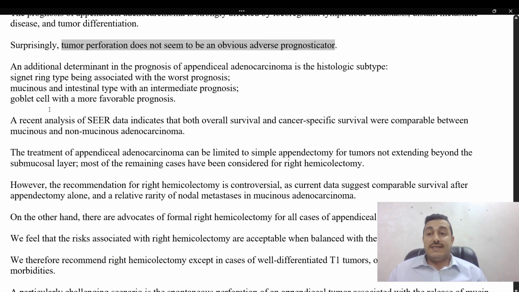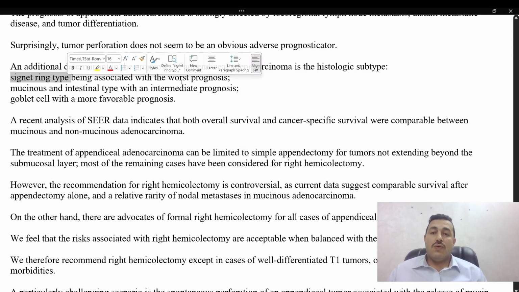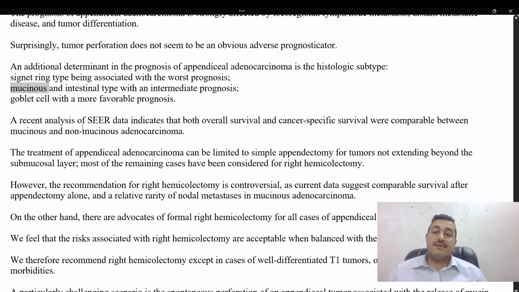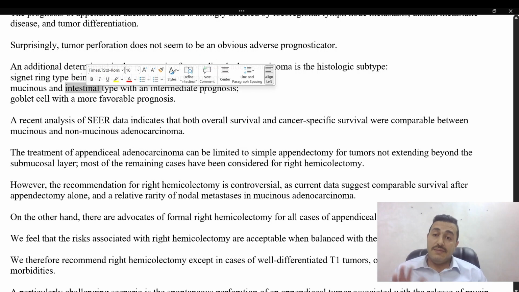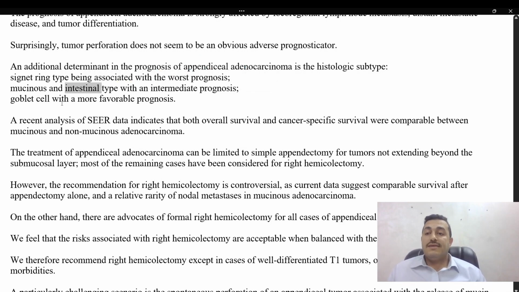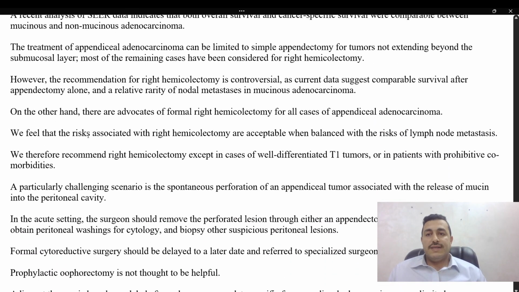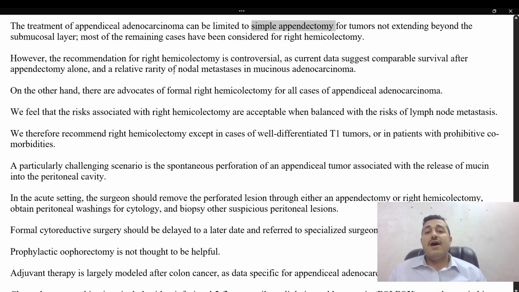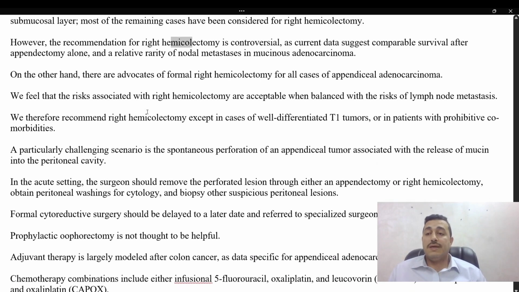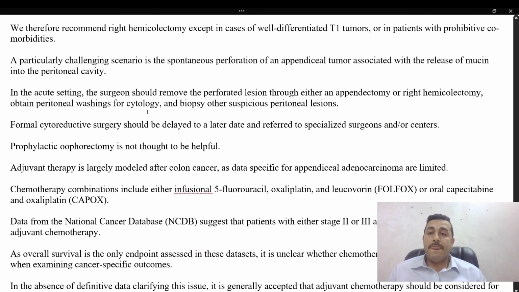We said that signet ring cell has the worst prognosis, mucinous and intestinal types intermediate prognosis, and goblet cell favorable prognosis. We said the treatment of adenocarcinoma, if it is limited to the submucosa or mucosa, T1 differentiated, simple appendectomy is enough. Otherwise, right hemicolectomy.